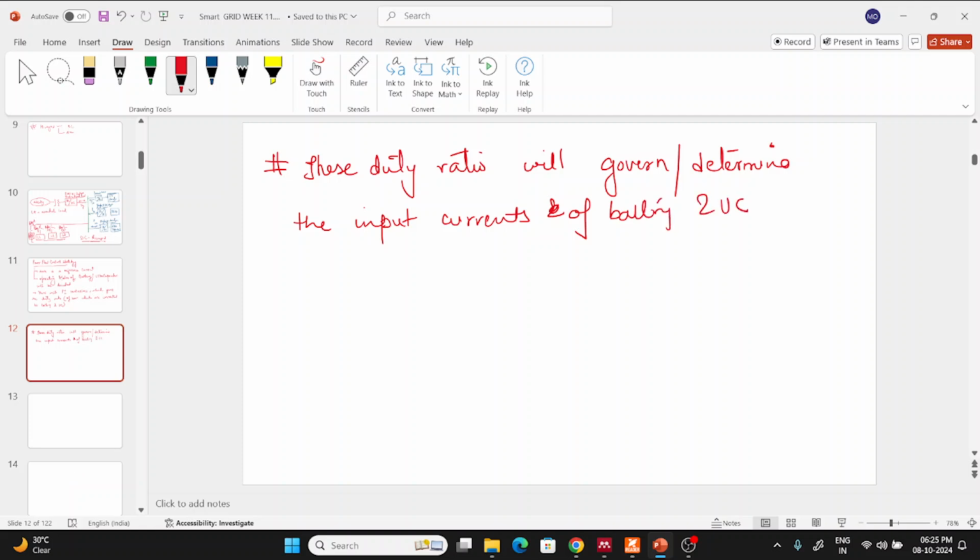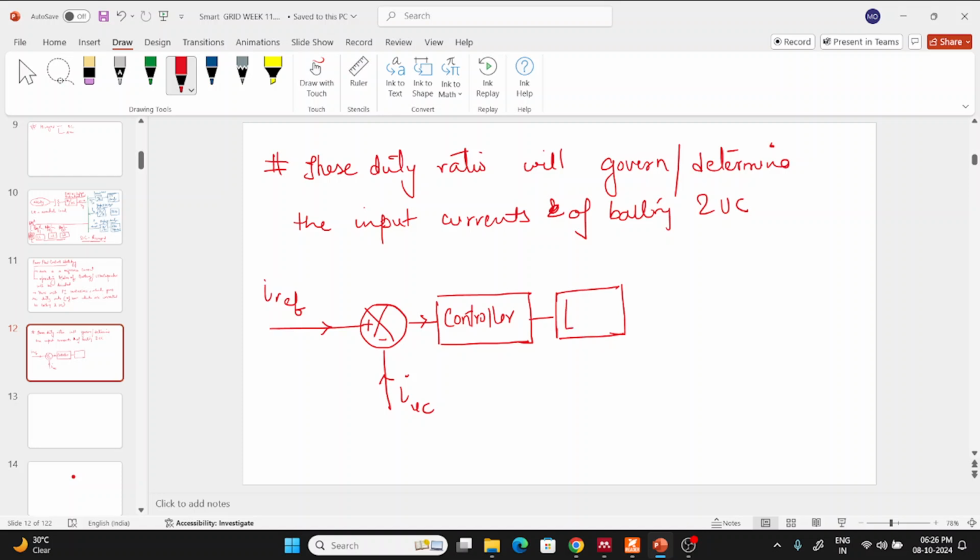So the inner control loop of these will be like this. Say this is a plus minus, this is I of the ultra capacitor, this is I reference. Then the error signal will go into the controller. It will be passed through a limiter.